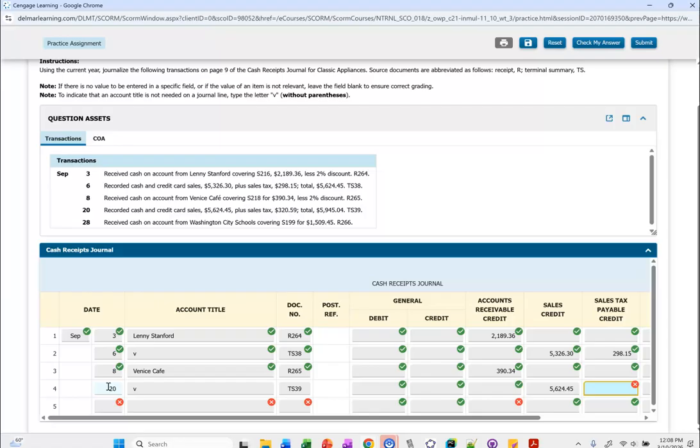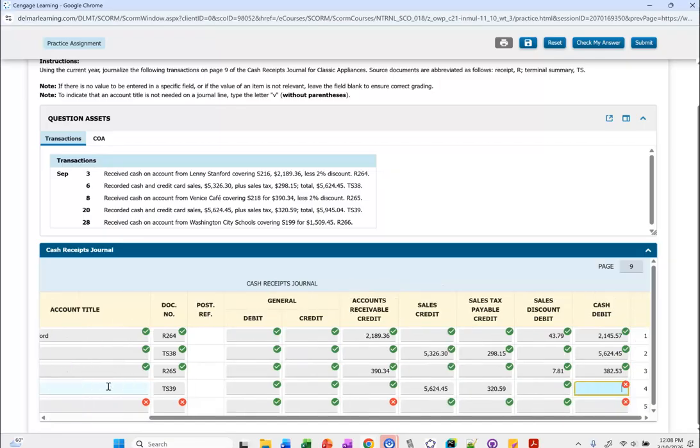And then $320.59 of sales tax. For a grand total of 5,945.04.